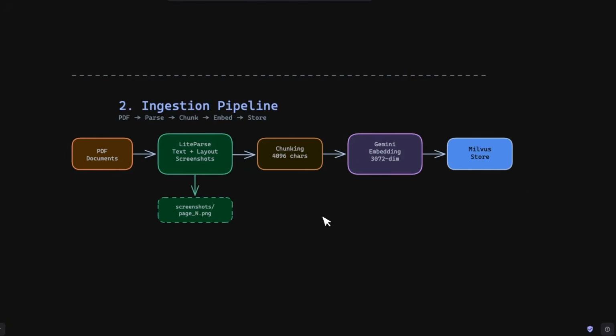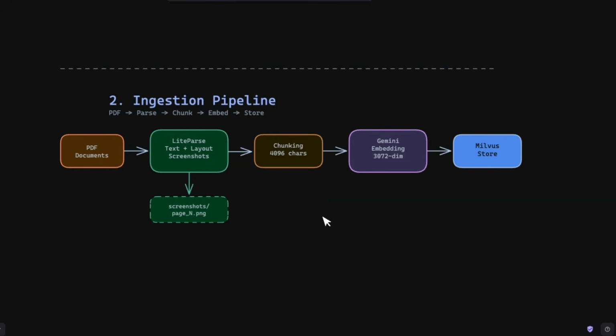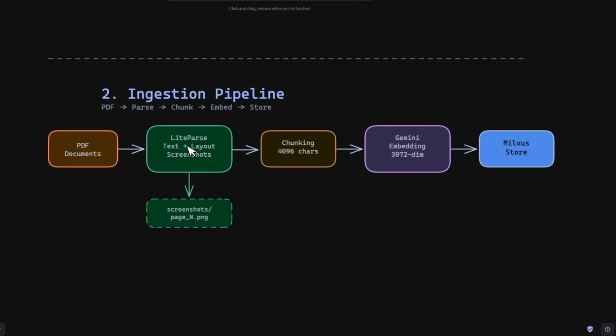Here's the ingestion pipeline, which is going to look very familiar. It's a standard ingestion pipeline with one key difference. For document parsing, we are using LightParse, which is great for processing complex structures in PDF files. And the idea is that not only can it process text, but it can also detect the presence of images.